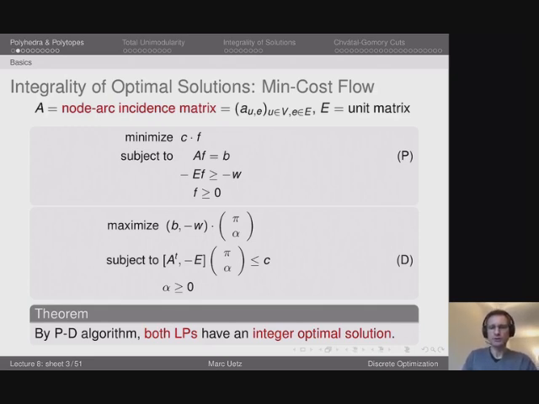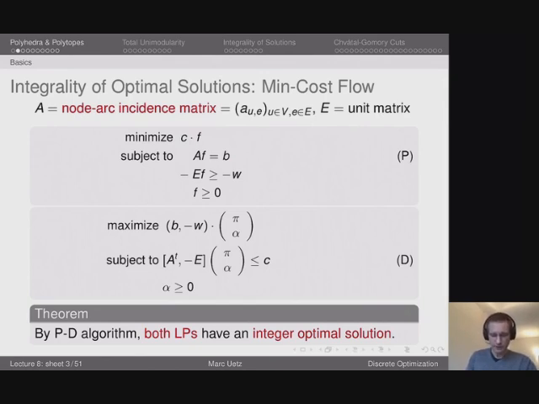So a minimum cost flow in the network, which only sends integer amounts along the edges. Of course, given that all the input data is integer, right? So that means all the capacities, the balances, the upper capacities, and the costs, that is assumed to be all integers. And then we have seen by means of this algorithm that there was always an integer optimal solution.